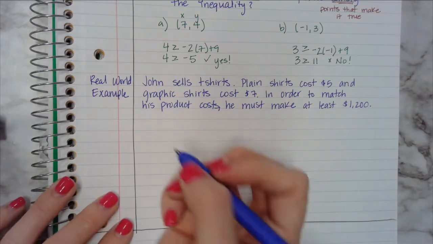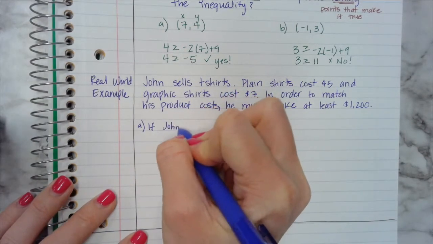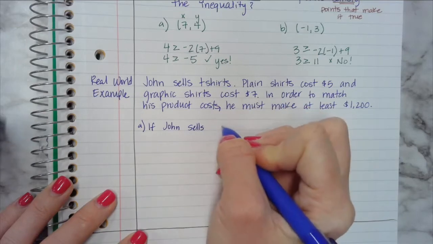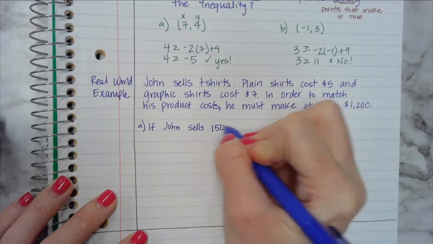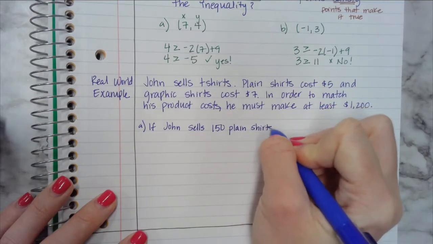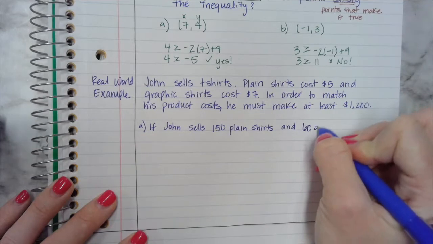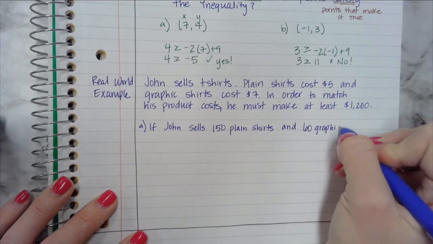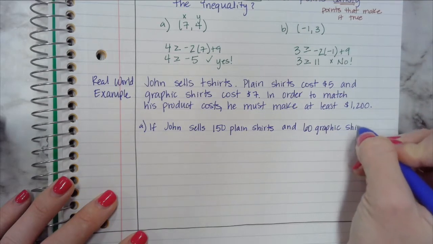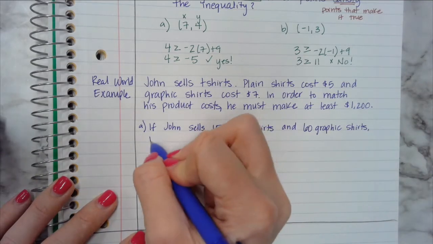So let's say we have something that asks us, if John sells 150 plain shirts and 60 graphic shirts, will he be able to cover the product costs?